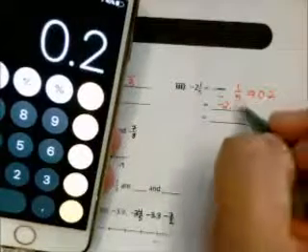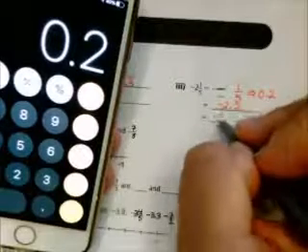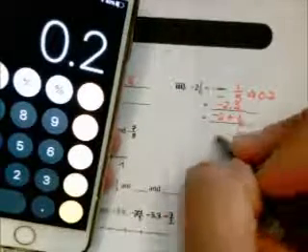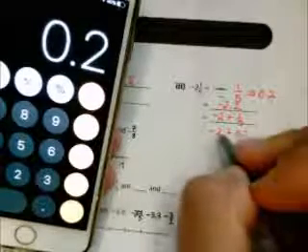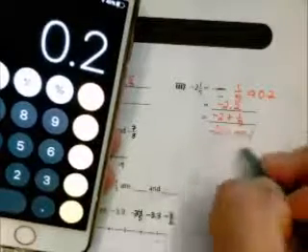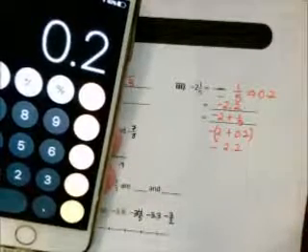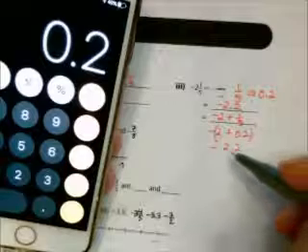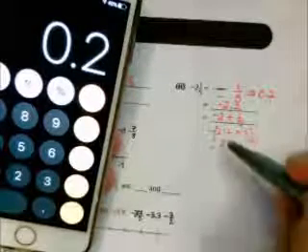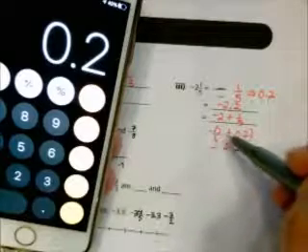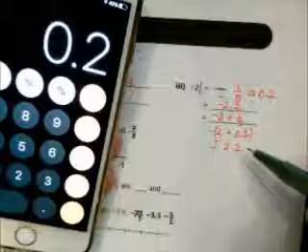It's basically like you're adding negative 2 plus 0.2. And keep in mind that the negative is on the outside, so that's why it ends up being negative 2.2 instead of negative 1.8, because if you did negative 2 plus 0.2, then it would end up being negative 1.8, but that's not right, right?